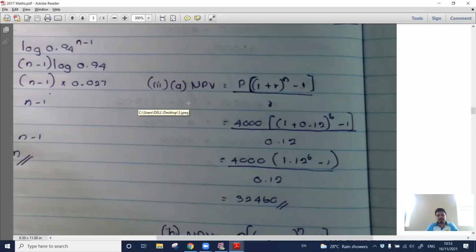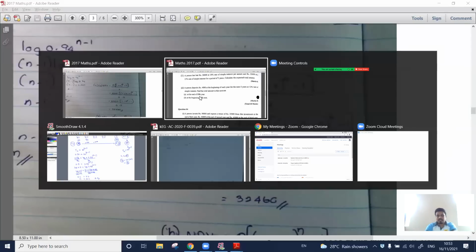We are not going to find a net present value. Net present value means the net present worth. We are not finding a present value. At the end of the 5th year, we need how much is in the account. That is the future value. Right. What about the other?